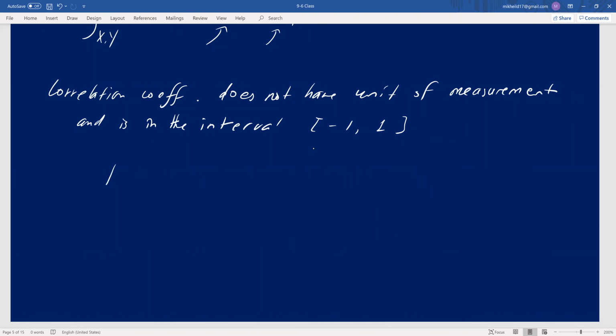A large negative value means large negative correlation.